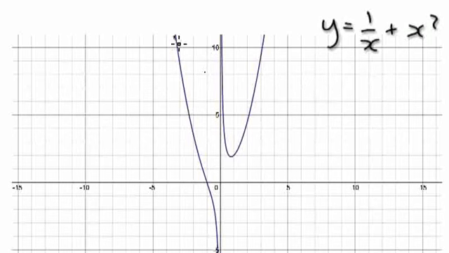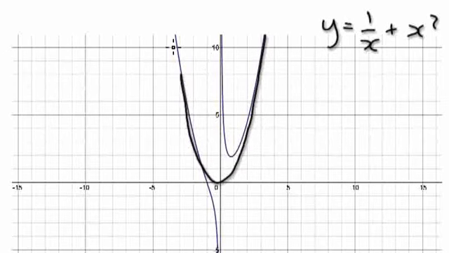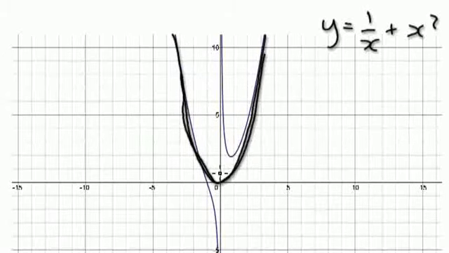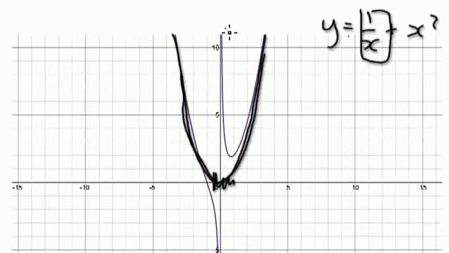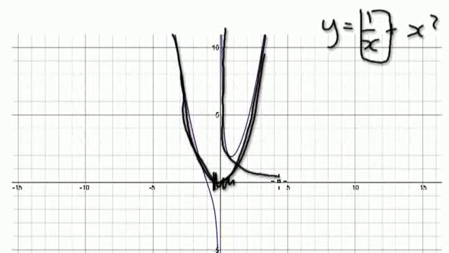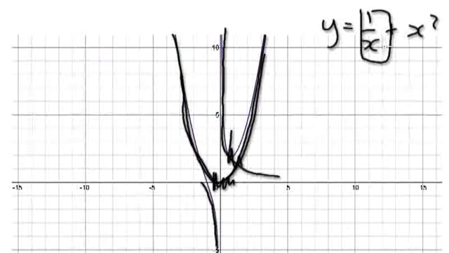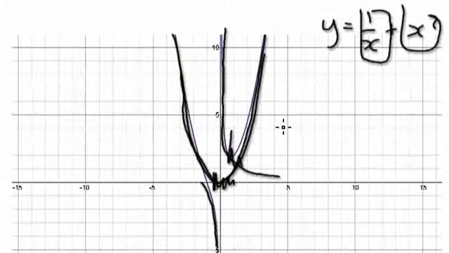The x squared wants to go through the origin like this. That's what it wants to do. But the minute it gets to around this region here, it will adopt this, and this will look something like this. And then here it will look something like this down here. But somewhere in the middle, you just got to merge the two together.